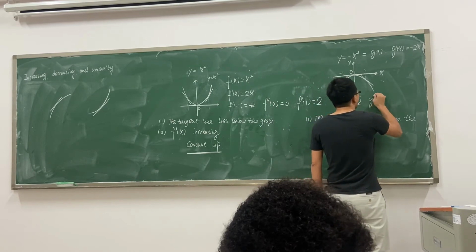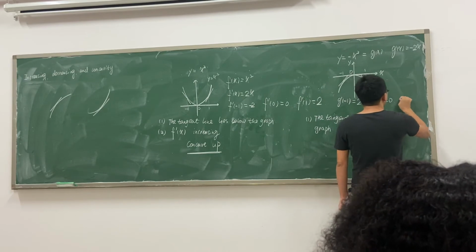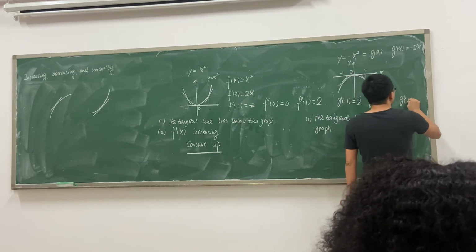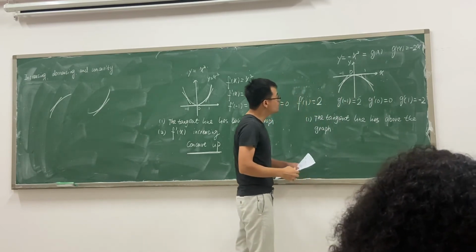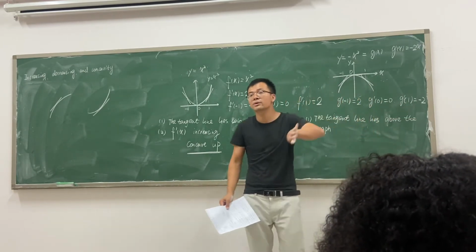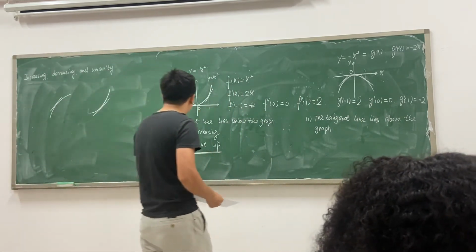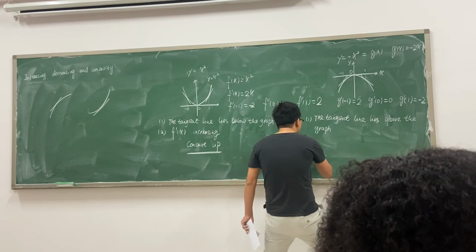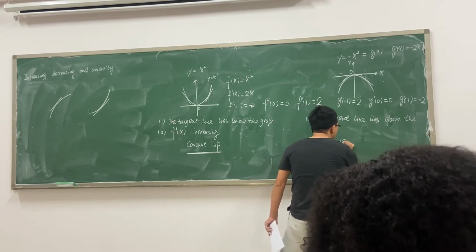And g prime of 0 equals 0. And g prime of 1 equals -2, yeah? So here we see 2, 0, -2, so it's decreasing. g prime is decreasing, okay?